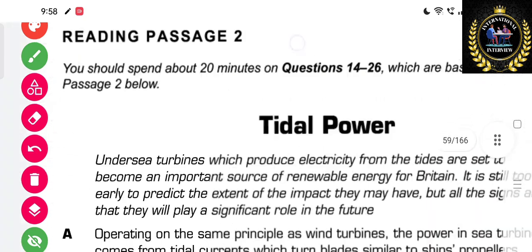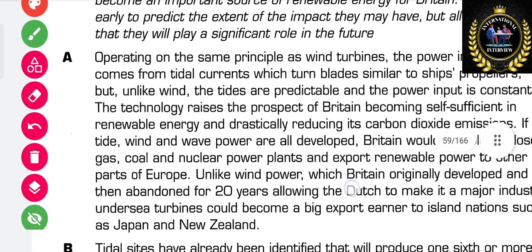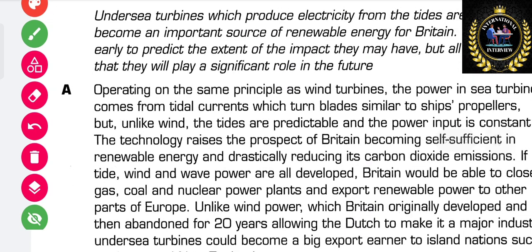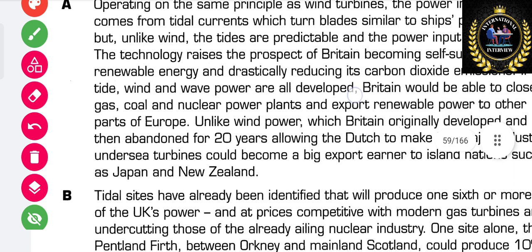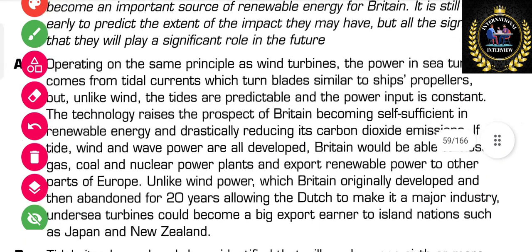So let's read paragraph A. As I already read, I will look for the answer directly, where you will get the clue how to get the answer. It is mentioned in the last 4 lines. See, it is mentioned from here till here.